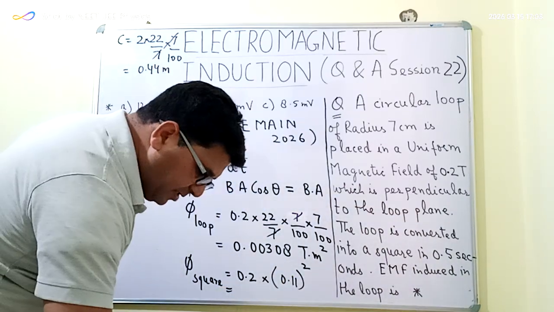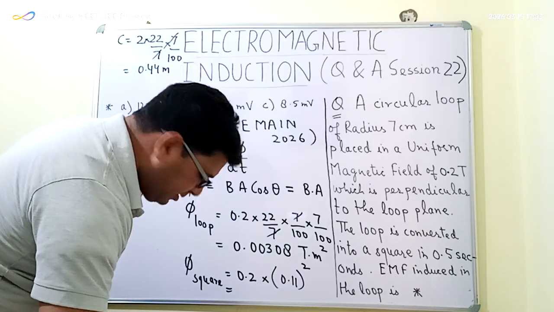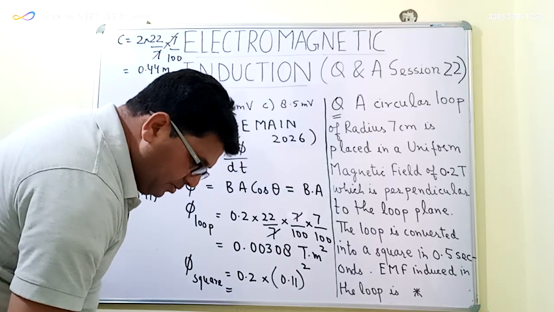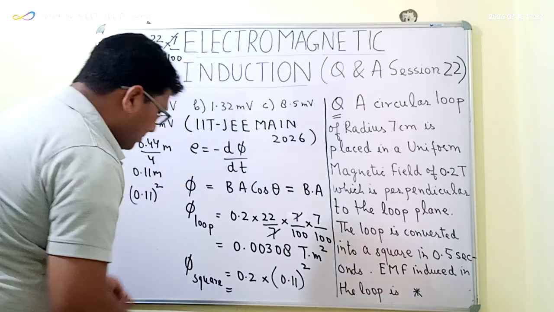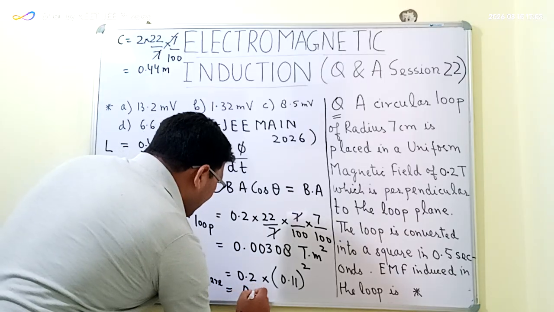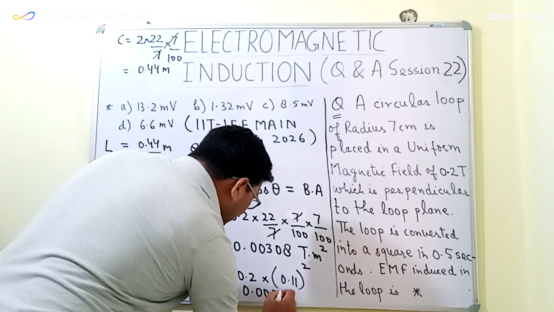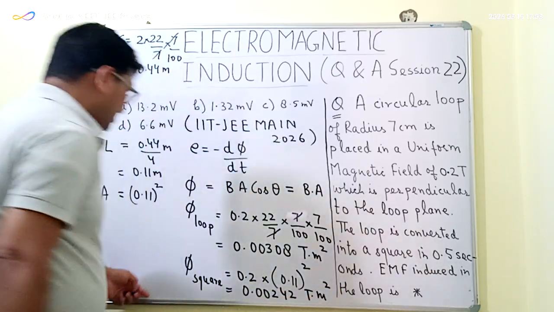Its value will be equal to 0.11 into 0.11 into 0.2. So this is equal to 0.00242 Tesla meter square.